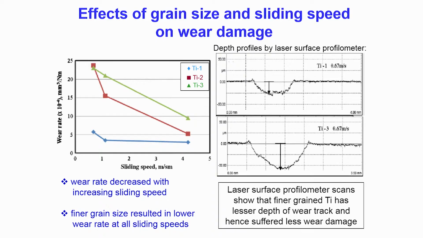However, if you now plot wear rate as a function of sliding speed for 3 materials, titanium 1, titanium 2, titanium 3, the sliding speed influence is not much in the case of titanium 1, but for titanium 2 and titanium 3, particularly titanium 3, there is a clear linear decrease in the wear rate with sliding speed. What it means is that at higher sliding speed, wear rate decreases. That is not only true for titanium 3, but also true for titanium 2 as well.